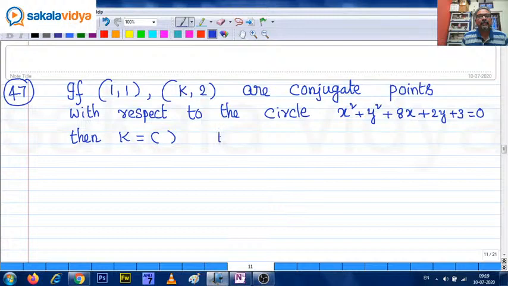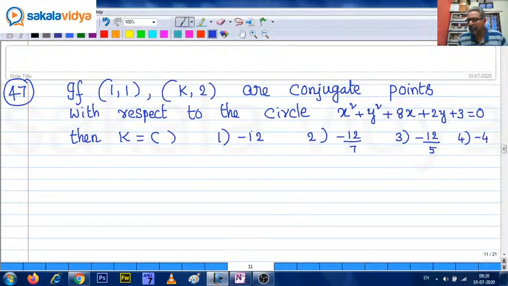First option is minus 12, second option is minus 12 upon 7, third option is minus 12 upon 5, fourth option is minus 4.